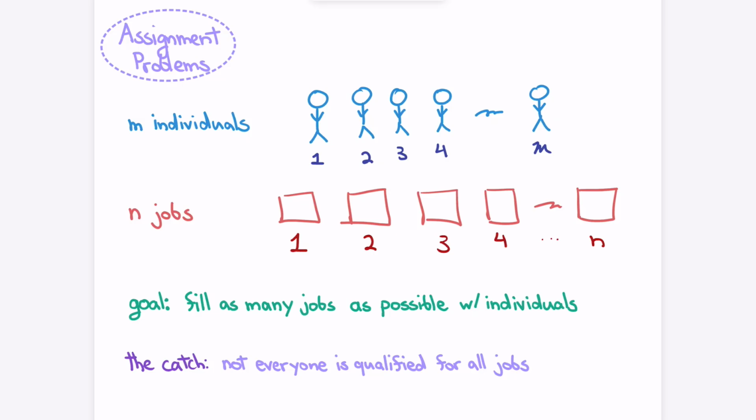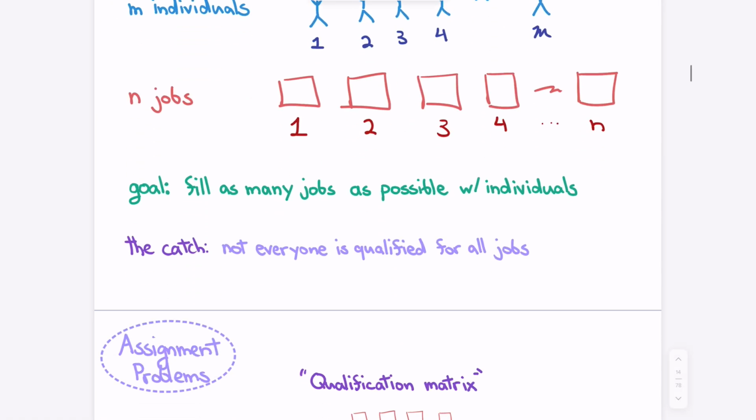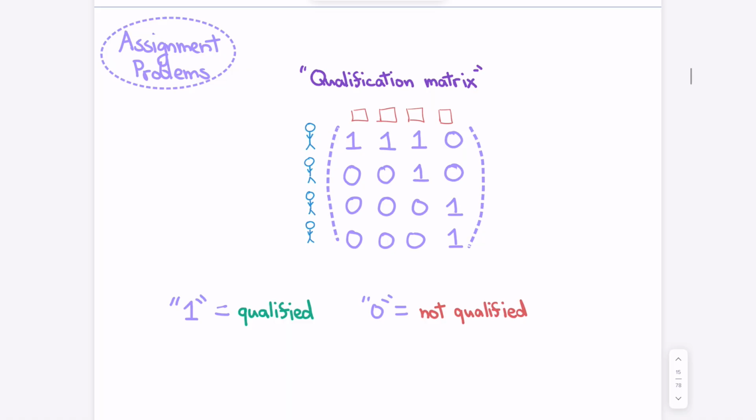But basically, you have a bunch of individuals and you have a bunch of jobs, and you want to assign people to jobs. But of course, not all people are qualified for all jobs. So maybe you're given as input some kind of qualification matrix. So the first person is qualified for the first three jobs.